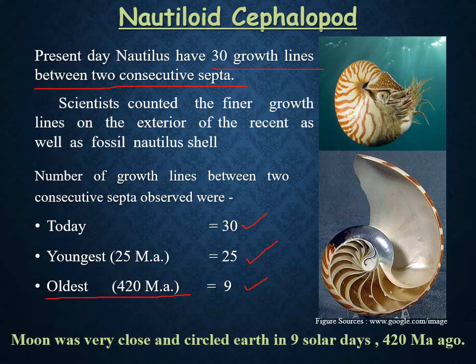So the Devonian nautiloids could definitely see the moon from a much lesser distance, in a large, enhanced version, a more clear picture of the moon compared to the present day.